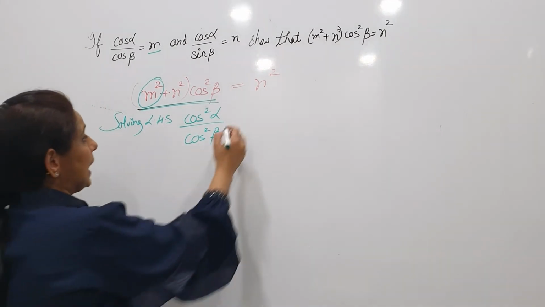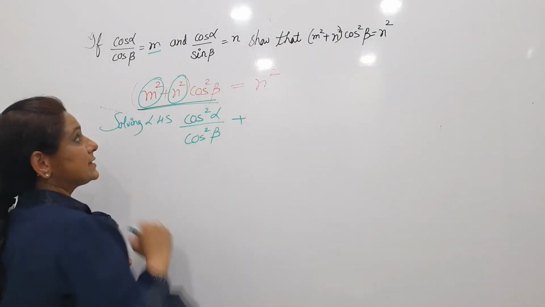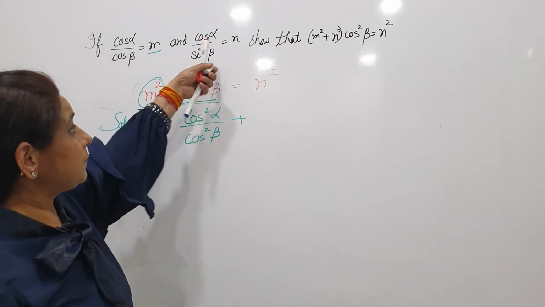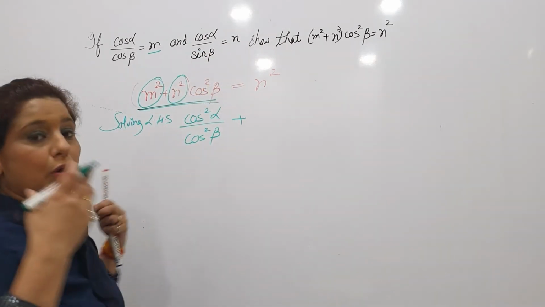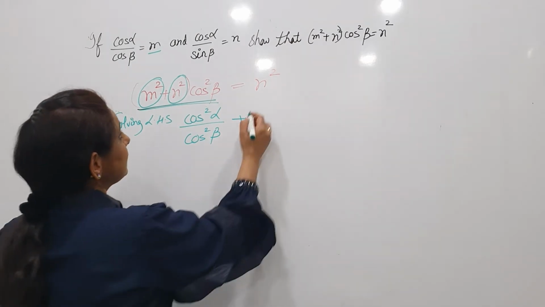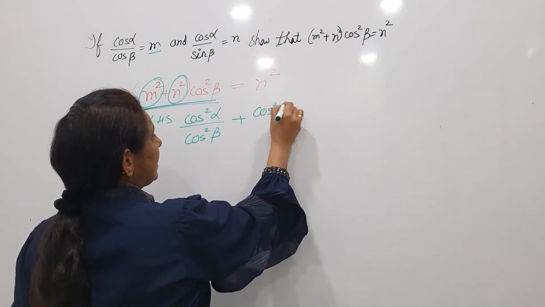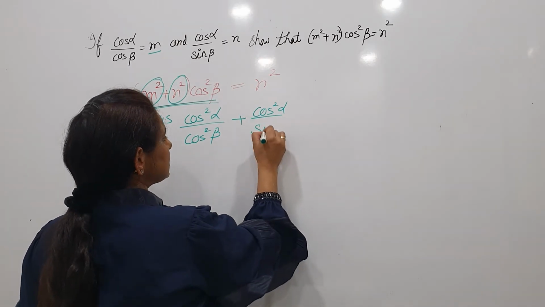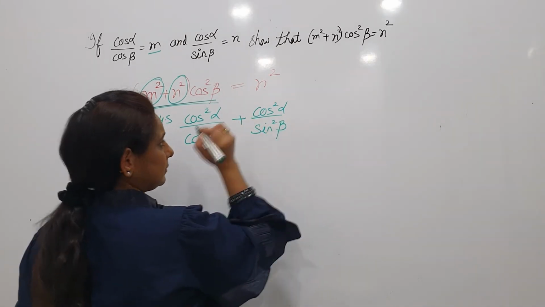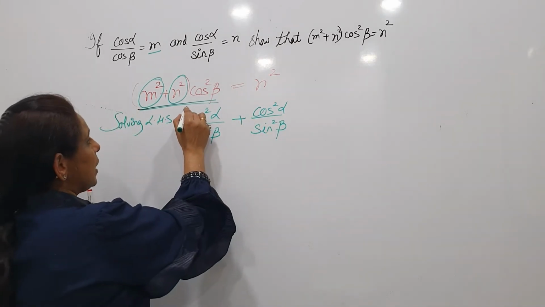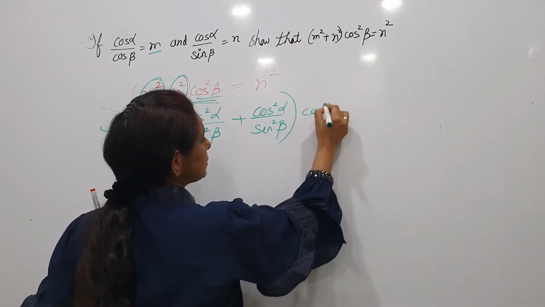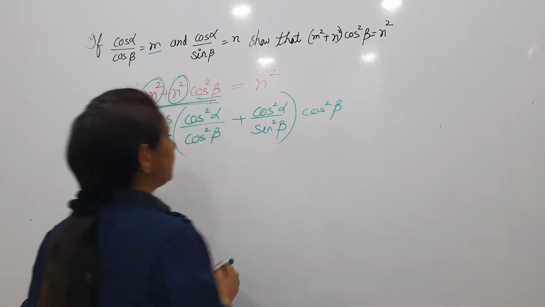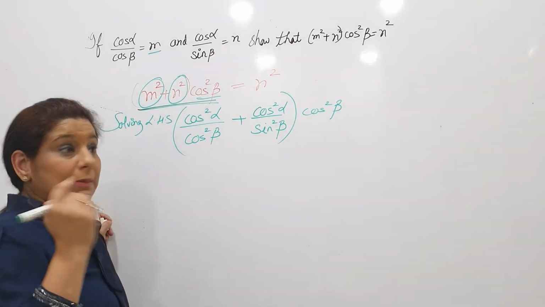Simple. Now, what is the value of n square? As the value of n is cos alpha upon sin beta, तो value of n square क्या हुई? Cos square alpha upon sin square beta. यहाँ तक हम पहुँच गए. Now we'll put them inside bracket and we are going to write cos square beta. अब यहाँ तक तो पहुँच गए. अब आगे क्या करें?